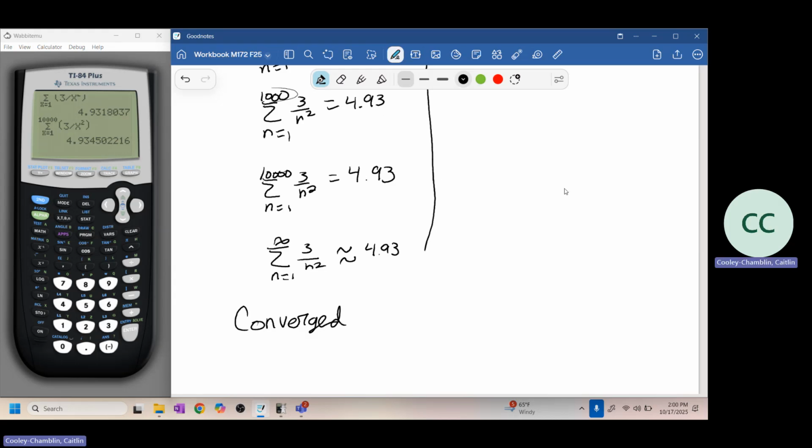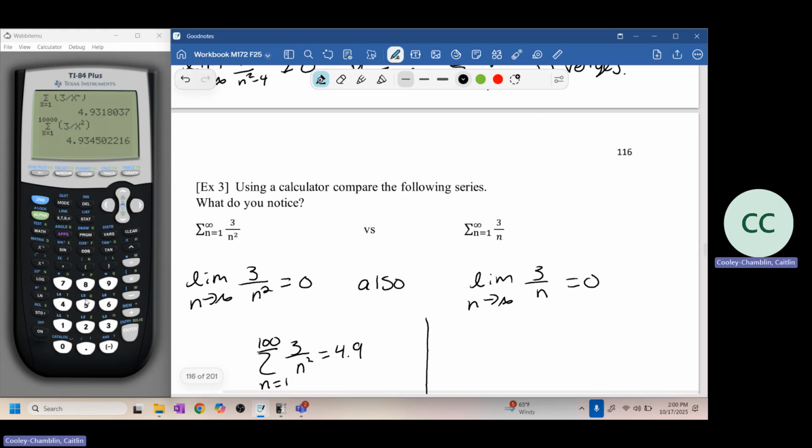But let's look at the second one. If I do math 9, oops, not math 9. That's fine. Math 0. Let's go x equals 1.